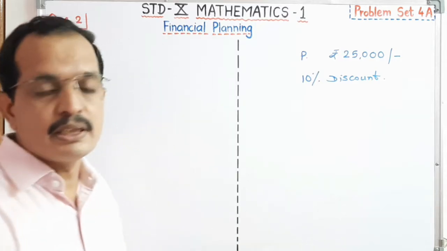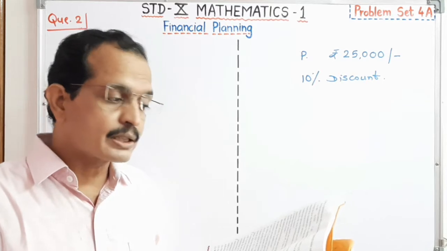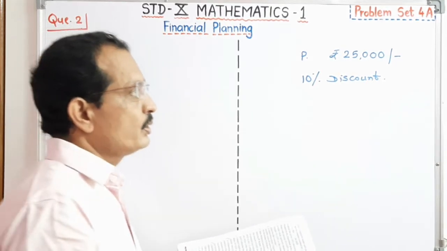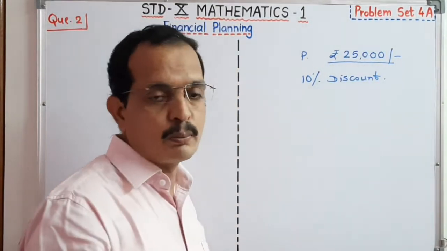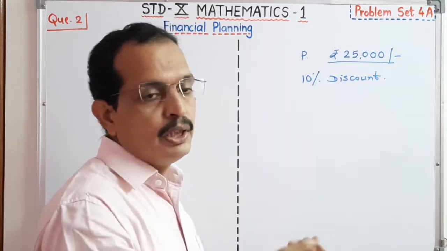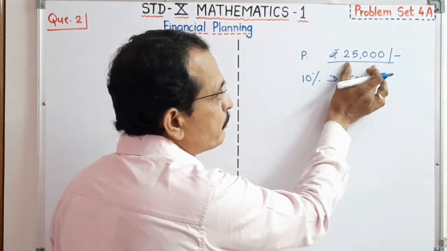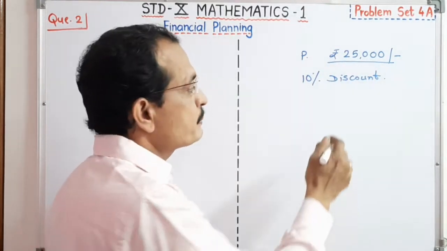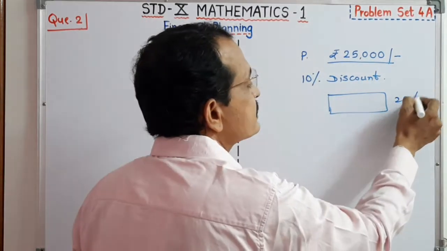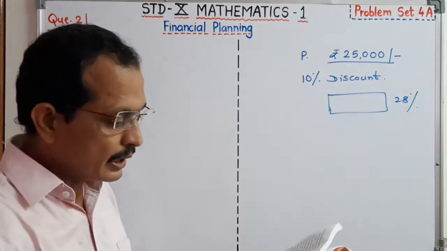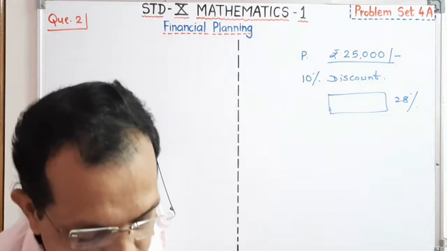After giving 10% discount, 28% GST is charged on the discounted price. That discount we have to subtract from this 25,000. After subtracting, we get some amount, and on that amount 28% GST is applied. Then find the total amount shown in a tax invoice. What is the amount of CGST and SGST?